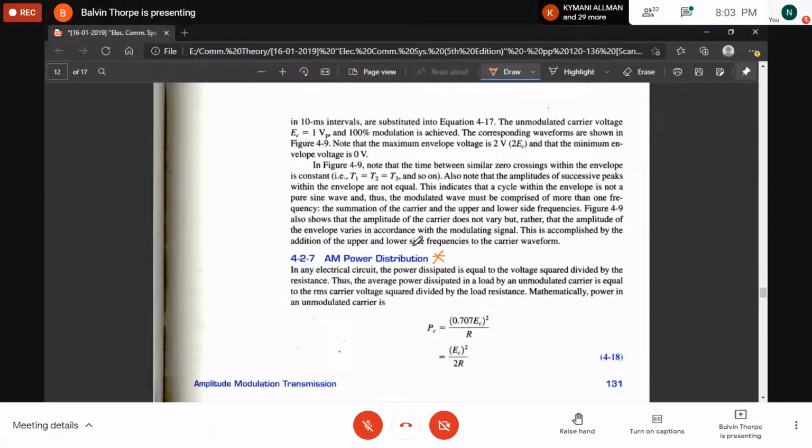Power is equal to V squared over R. So it would be the EC that we calculated multiplied by, what do you call it again? I don't want to give the wrong thing. Would it be the V RMS value, sir? Squared divided by R.